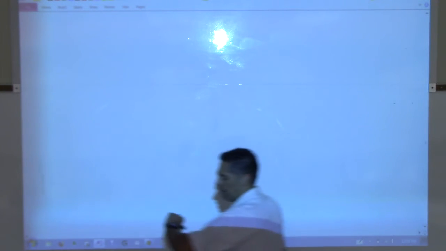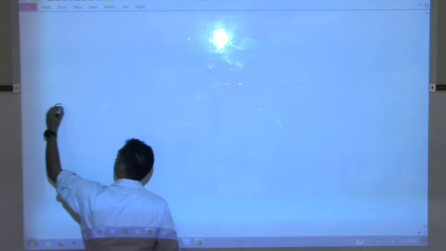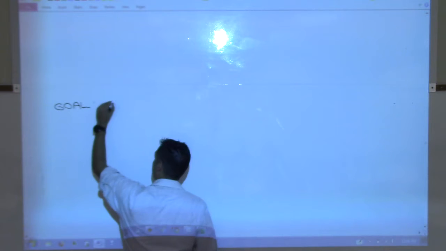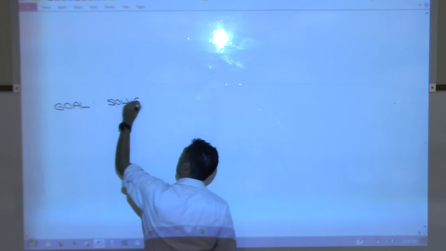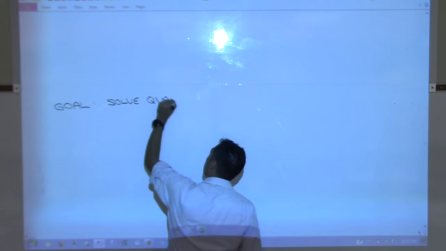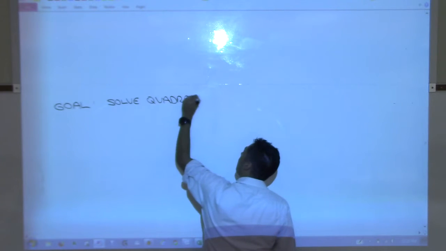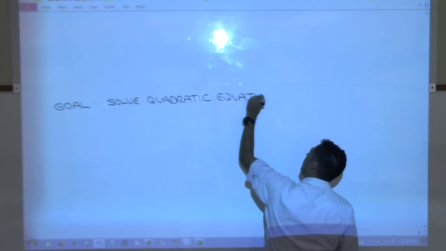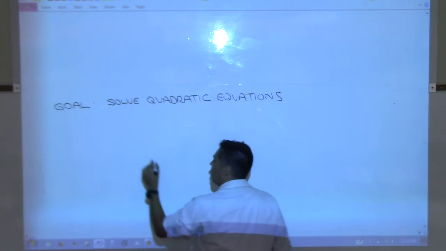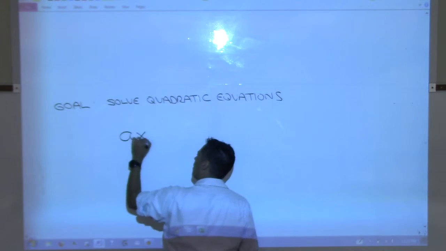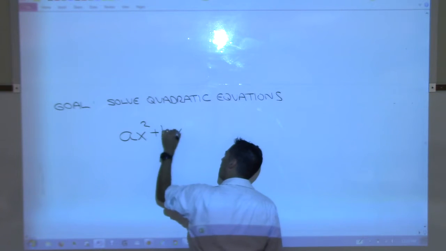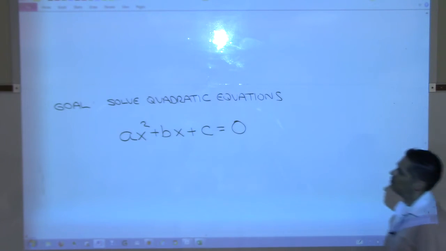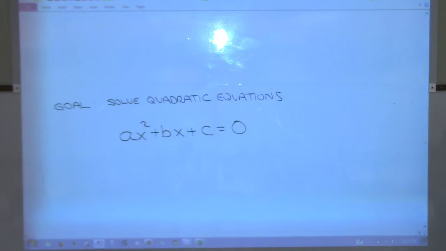Our goal right now, and maybe we'll do the goal after we come back from a break, our goal is going to be to solve quadratic equations. And all quadratic equations look like this. We want to be able to solve these.